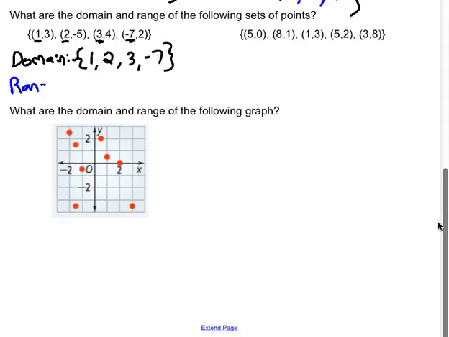My range is going to be the list of y values that I have. So that's going to be a 3, a -5, 4, and 2.